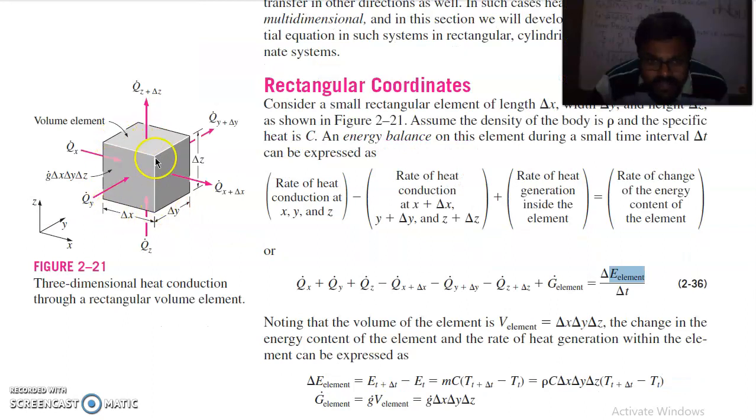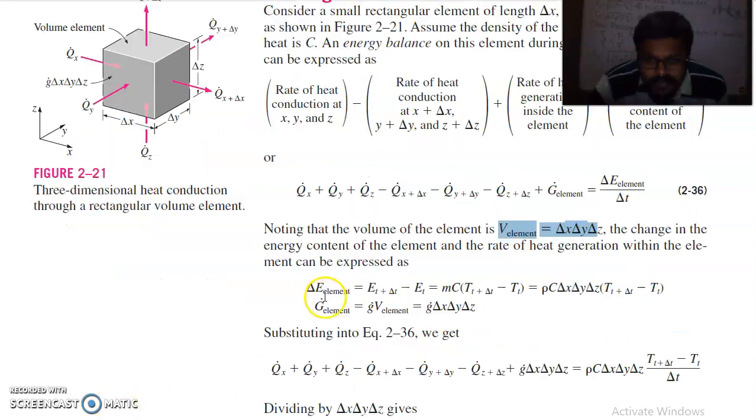Now the volume of this element is del x into del y into del z, which is here. So now the rate of change of energy content of the element is equal to E at t plus del t minus energy at time t, which is equal to m c del T. Instead of m, you can replace it with the volume and density.